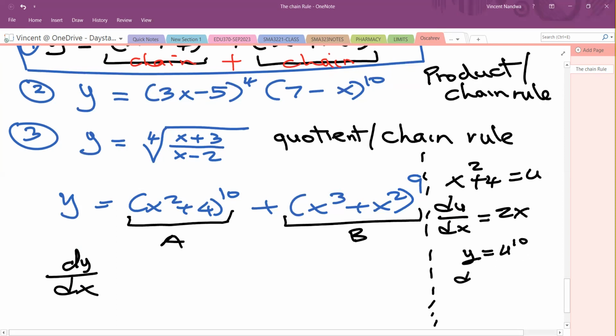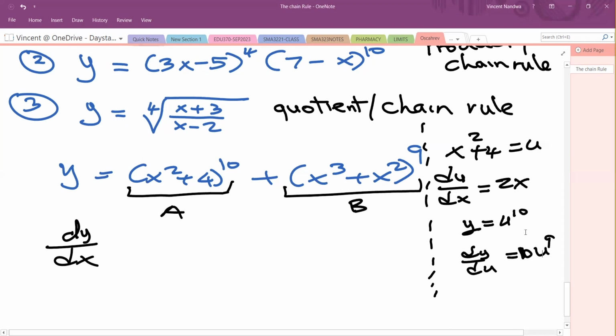So when you say dy du, it is 10 u power 9. By definition, chain rule says dy dx is given by dy du times du dx.